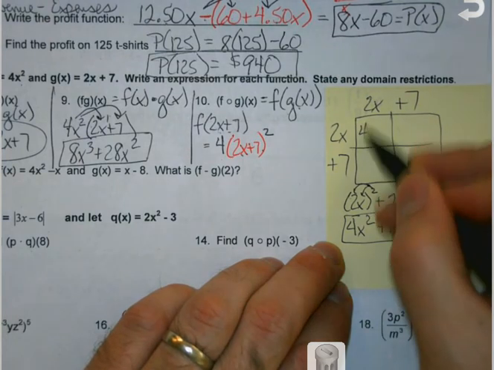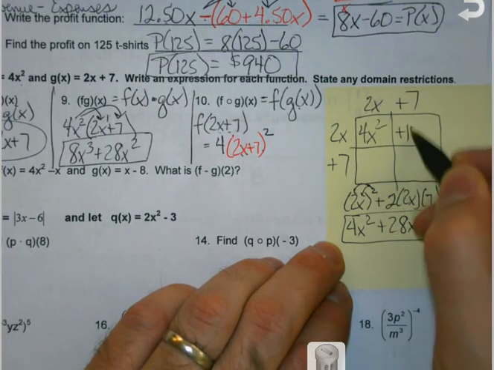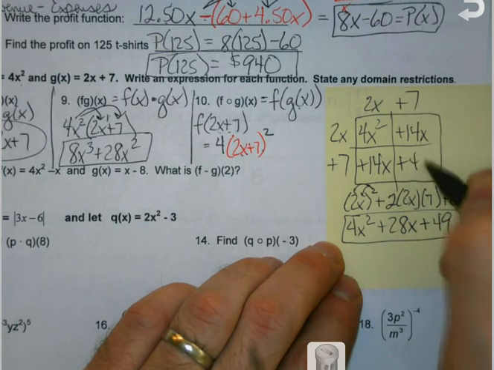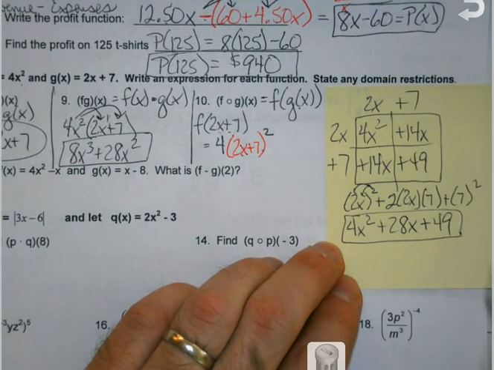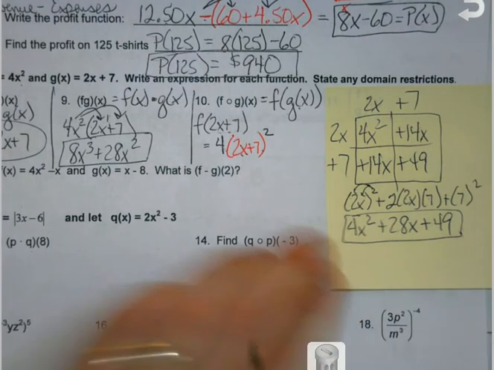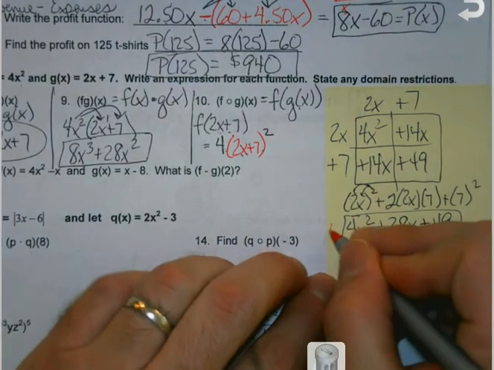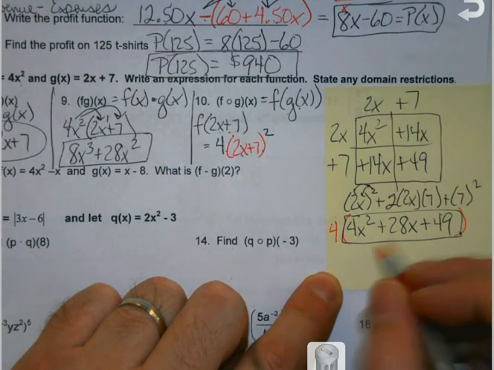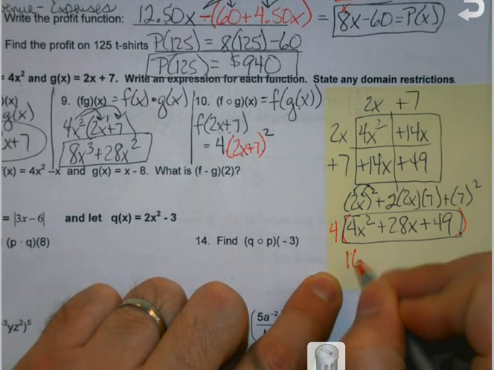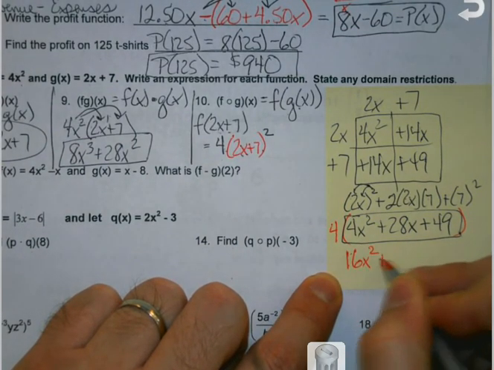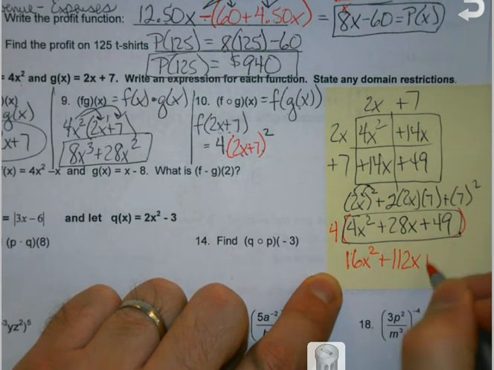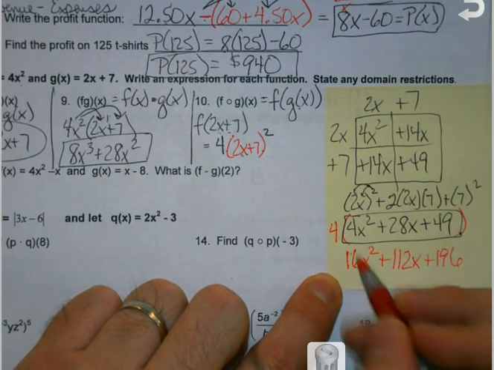I would get the same thing if I did the box. 14 and 14 is 28. But then I got to multiply it by 4. So basically, I take this, I distribute a 4 through, and get 16x squared plus 112x plus 196.